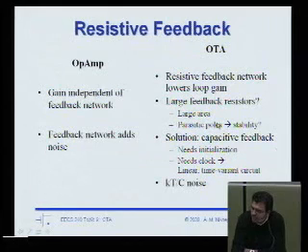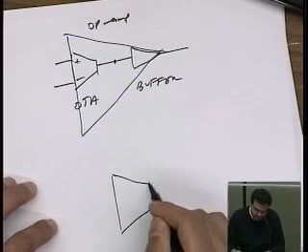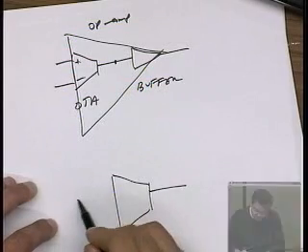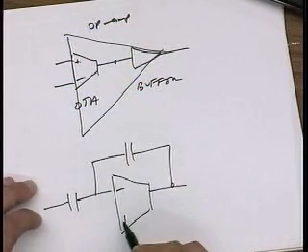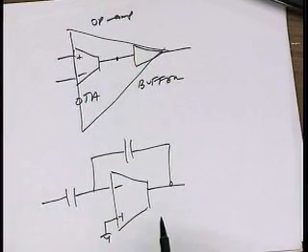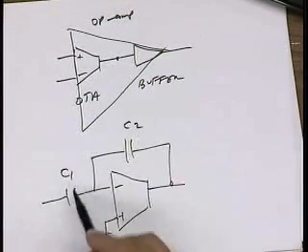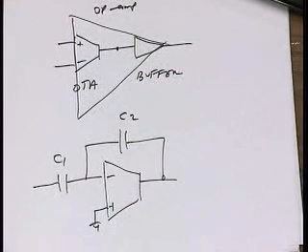On the other hand, if we use capacitive feedback, let me just draw this. So here's an inverting stage with capacitive feedback. What's the problem with using capacitive feedback? Yes? At DC, the capacitor looks like an open circuit, so there's no feedback at DC.